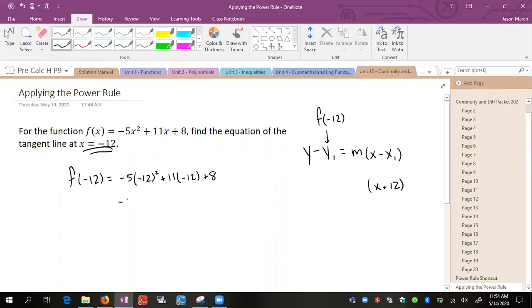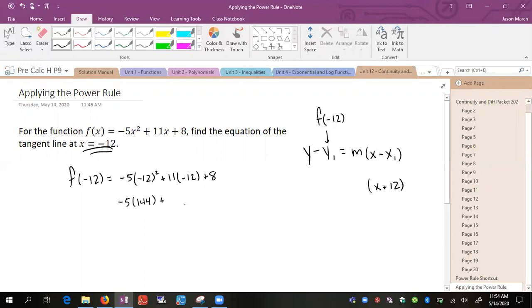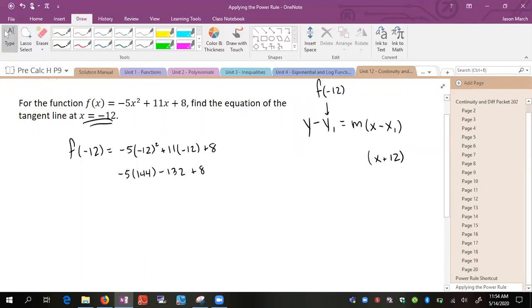All right, so this is -5 times 144. And again, all this can be done with a calculator. 11 times -12 is going to be -132 plus 8. And -5 times 144 is -720, minus 132 plus 8.